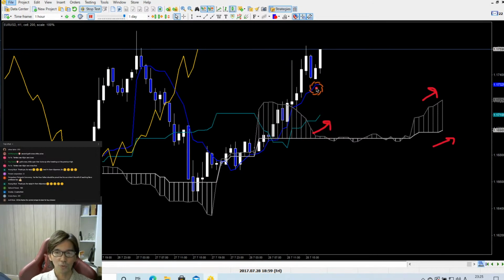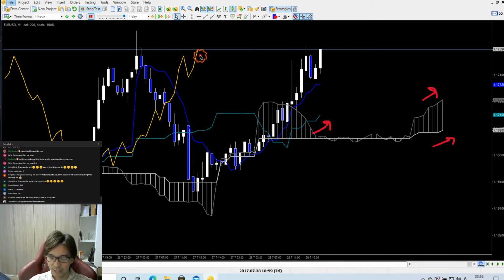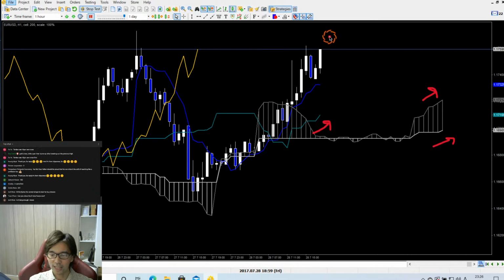We don't have to wait for the Tenkan-sen to go up. Tenkan-sen can be flat and it's okay, because the Tenkan-sen is just the short-term market momentum, so it goes up and down quite sharply. Okay, so that was 231. Yeah, 231 was the correct answer in this case.